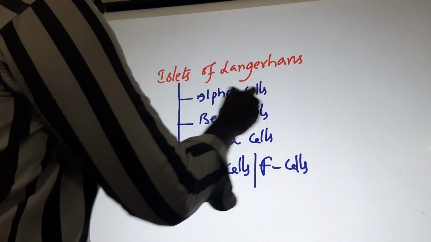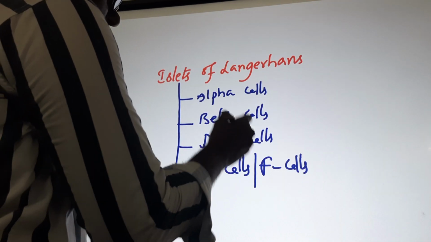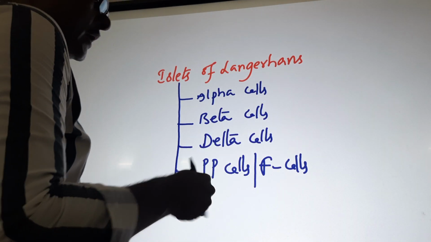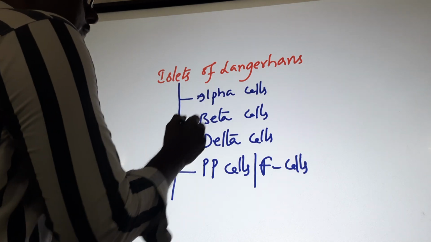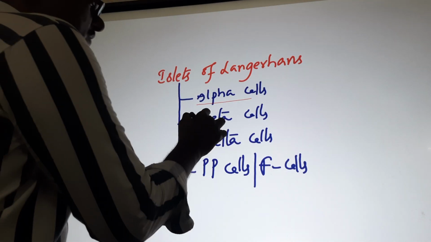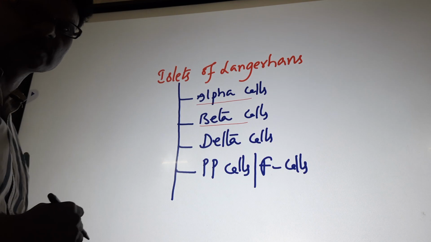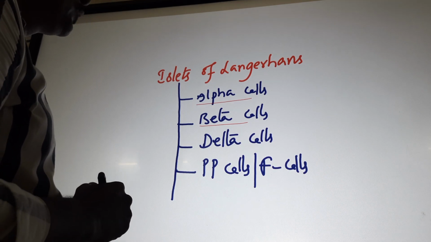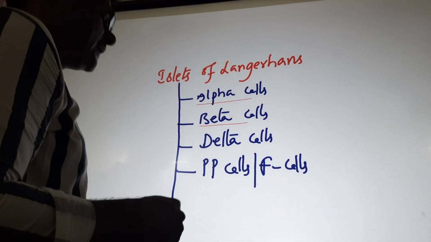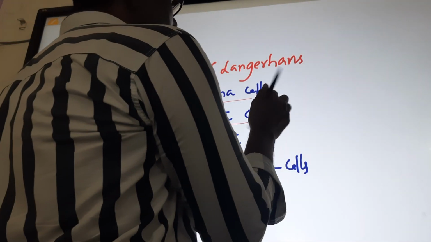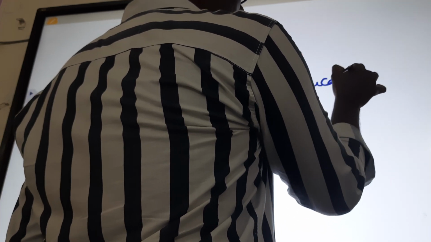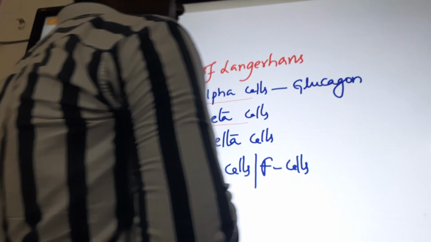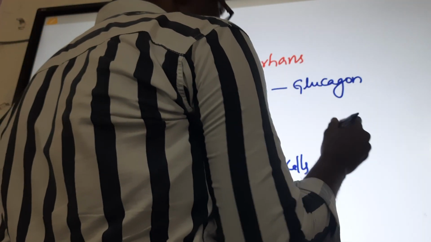But here, particularly alpha cells and beta cells are the important cells present in islets of Langerhans. What do they secrete? Let's discuss later. Alpha cells secrete hormone glucagon.